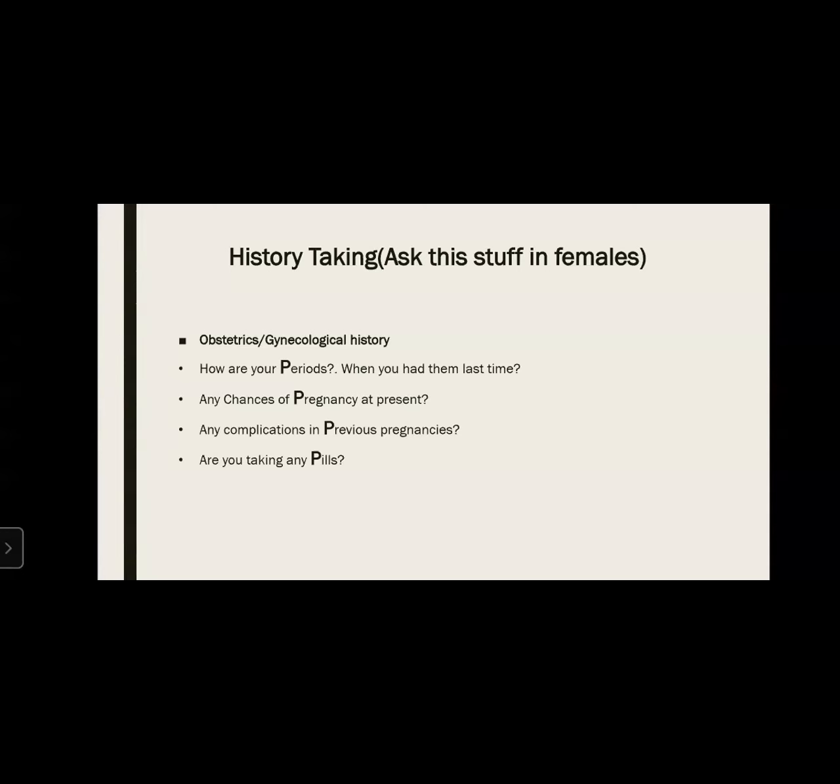Maybe a female is taking contraceptive OCPs and you ask her to show the medication list, and she has not been prescribed any OCP, but she is taking it over the counter, so you will miss it. So I advise that please ask the history of pills, the OCP, over here. So 4 P's: periods, pregnancy, complications in previous pregnancies, and pills.